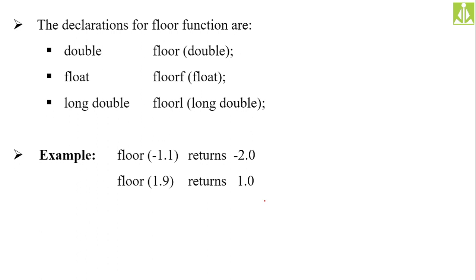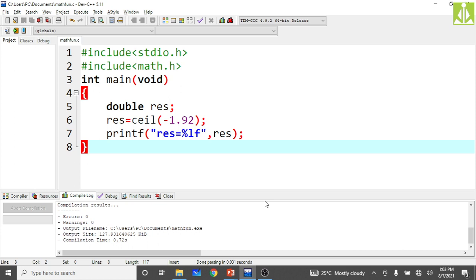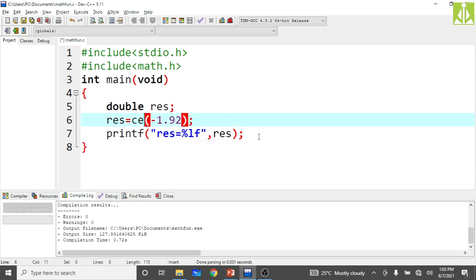So we try these floor functions for double values. We have already declared the result. Instead of ceil, now you take floor. If you take floor, it will find the nearest possible integral value in the left hand direction. So for minus 1.92, the left hand side value is minus 2.